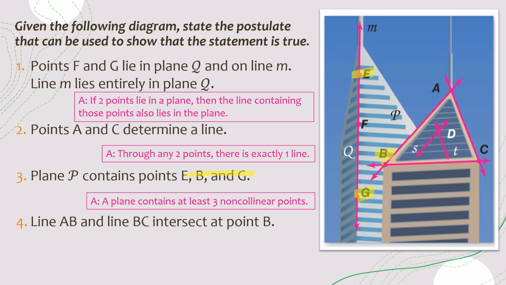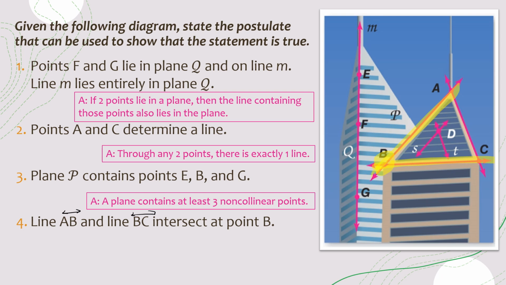Okay. Lastly, lines AB and BC intersect at point B. So it's giving us the specific intersection point there. I might just take a tiny second to point out we really should have our little line symbols over here. Don't know why those are missing.